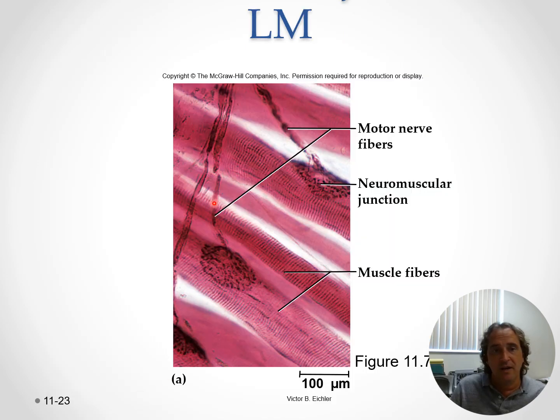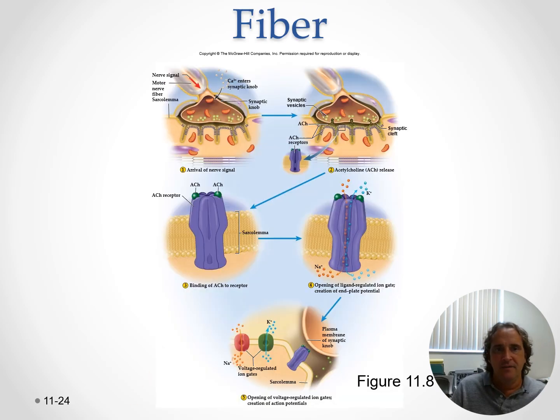And this is just a view right here of what the neuromuscular junction looks like. You can see the striations of a muscle fiber. And this just explains what's happening where it comes down. It allows the synaptic vesicles to fuse to the membrane.